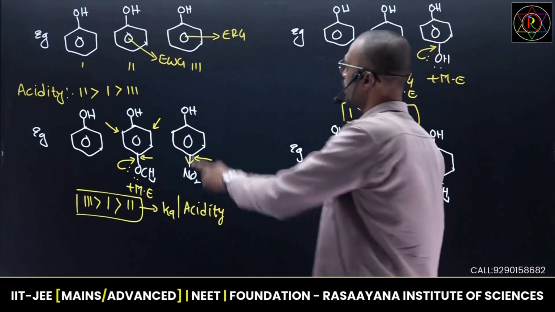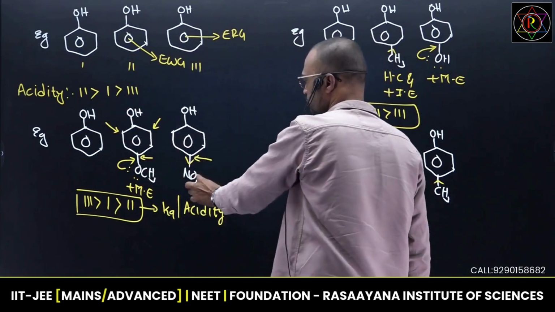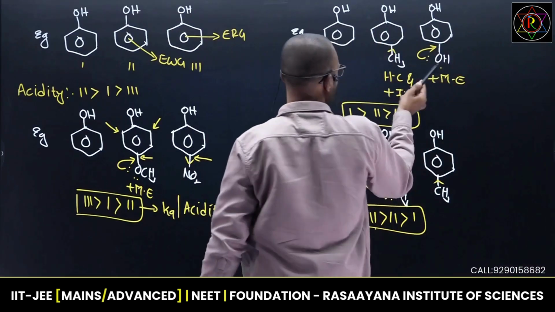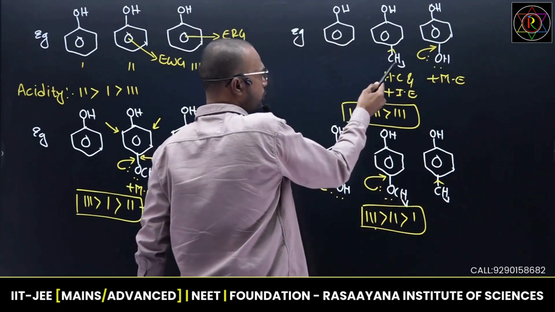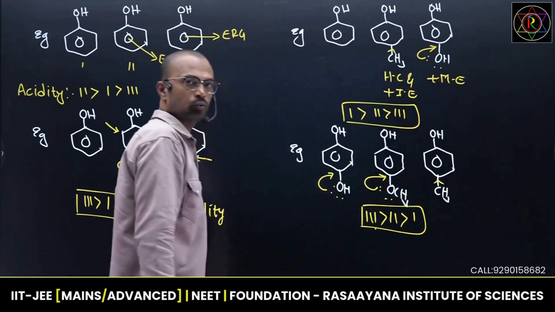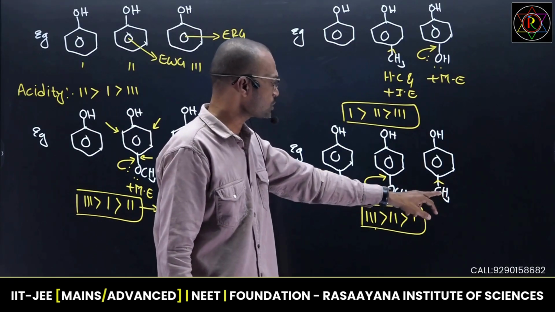Withdrawing groups increase acidity, neutral and releasing groups. Some examples are given: releasing group, withdrawing group. It is a strong withdrawing group, strong donor, weak donor. Powerful donor, moderate donor, weak donor. So donors decrease acidity. Out of these three, it is the weakest donor. So that's why it is more acidic.